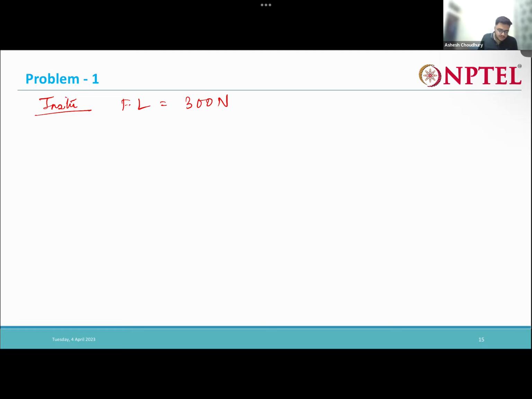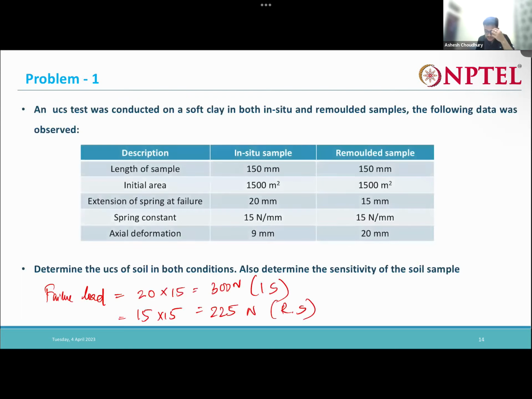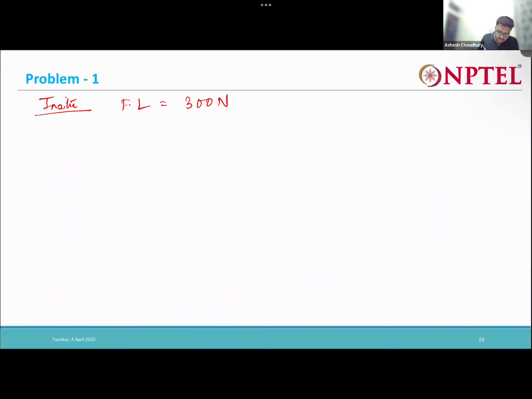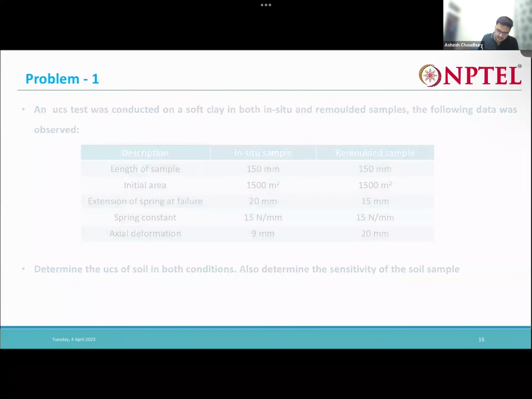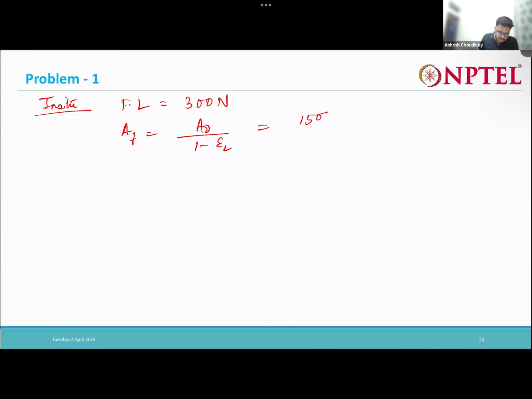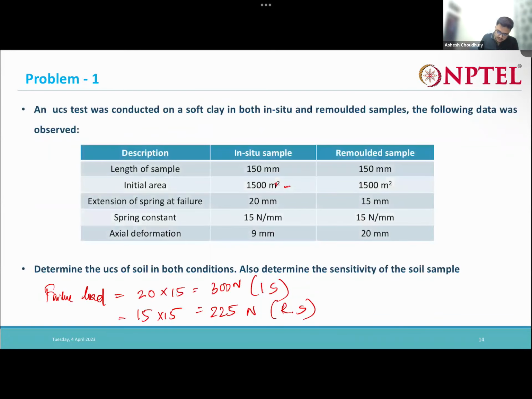Now we have the failure load, we just need to divide it by the area to get the UCS value, right? So can we directly use the initial area? No, right? Because during the test the area keeps on changing due to the straining. So we need to calculate the changed area. The final area will be nothing but A naught divided by 1 minus strain. So what is A naught? 1500 mm square.